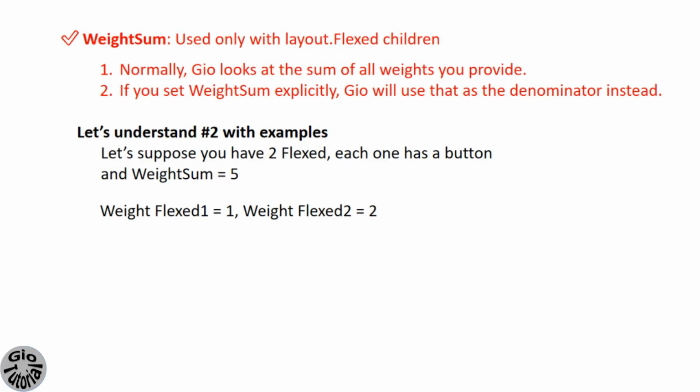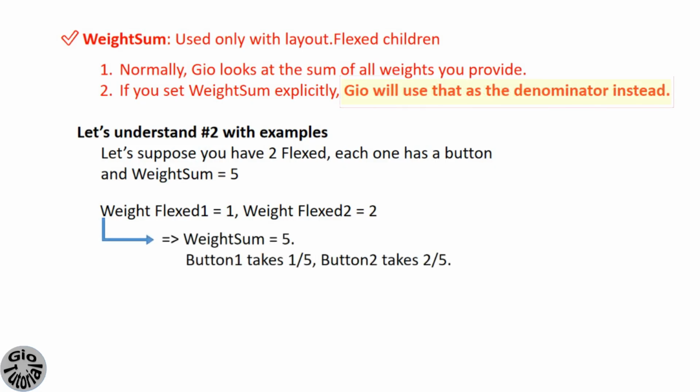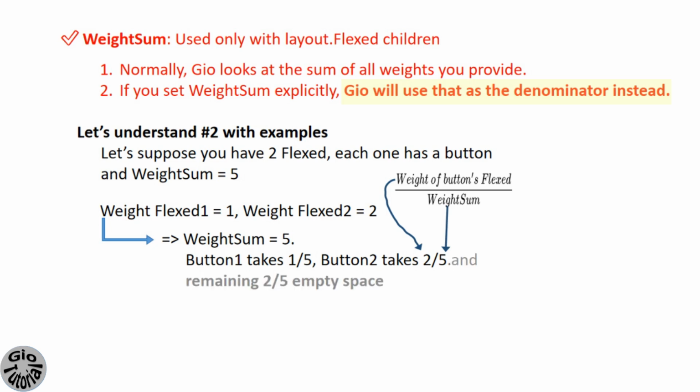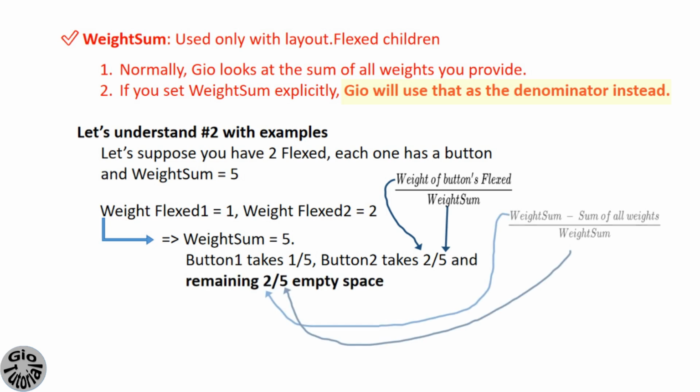And since we're using WeightSum, Gio will use it as a denominator and button 1 will take 1/5 and button 2 will take 2/5 and the remaining 2/5 will be empty space. This is useful if we want proportion but don't want the children to always stretch to fill all available space.